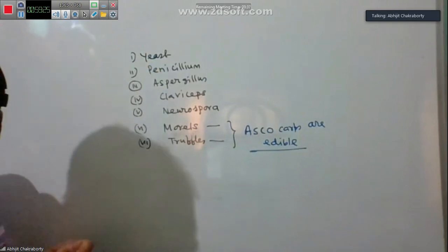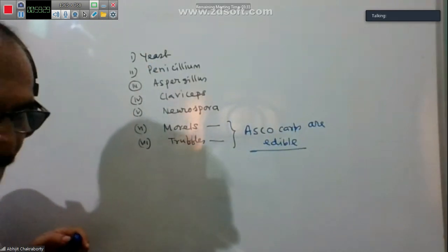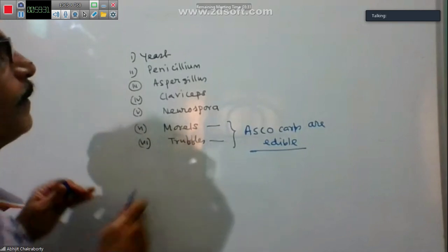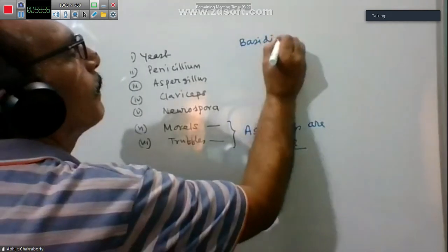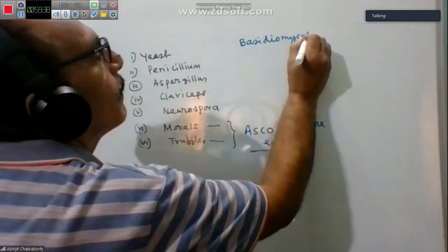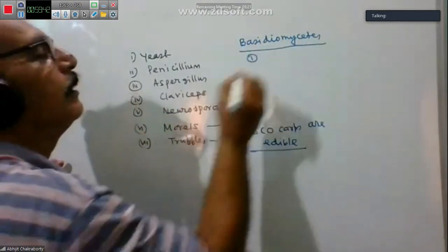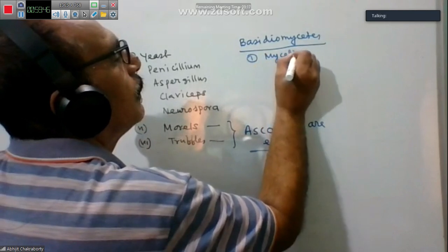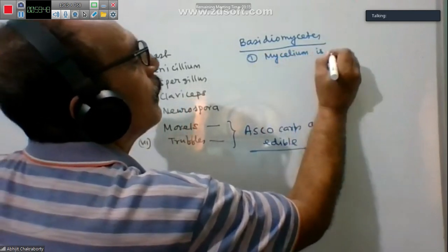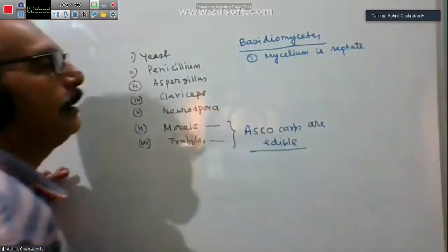Now we're proceeding towards the basidiomycetial fungi. Basidiomycetes. Point one: mycelium is septate.